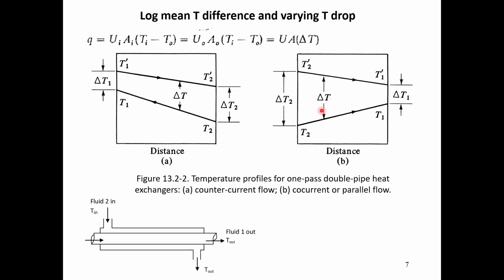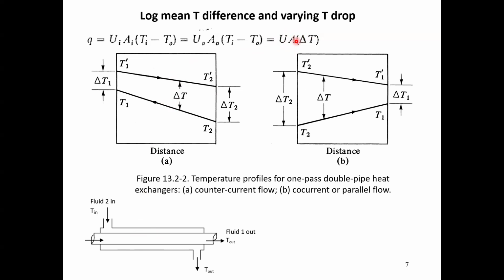From our basic form of Q, we know that Q is equal to U A delta T. If somehow we can come up with a mean delta T, and by knowing U, which depends upon the heat transfer coefficient of the fluid and the thermal properties of the pipe that comes in between, then I can calculate the area required.